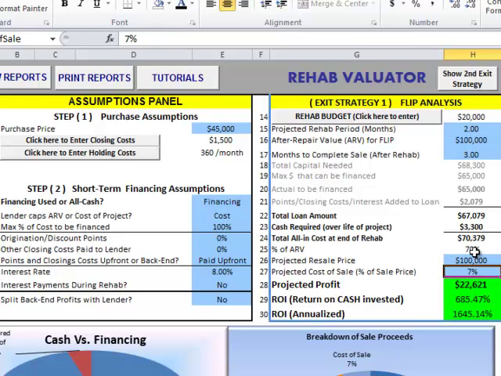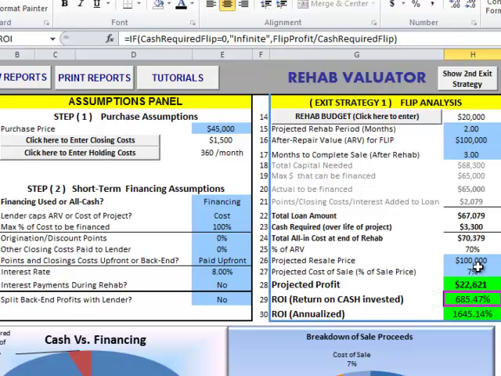You're assuming you're going to pay 7% in closing costs when you sell the property. So, 6% commission and 1% in minor concessions or title work that you have to have the deed prepared when you sell the property. So we'll assume 7% in closing costs when you sell the project. So here you can see you're going to make $22,600 on the flip, and because you've put in so little cash into the deal, only $3,300, your return on your cash investment is freaking astronomical.